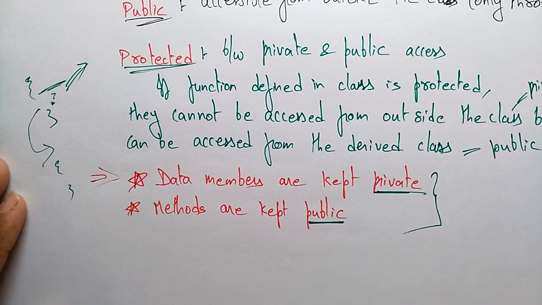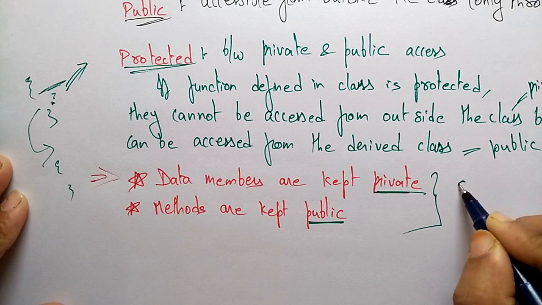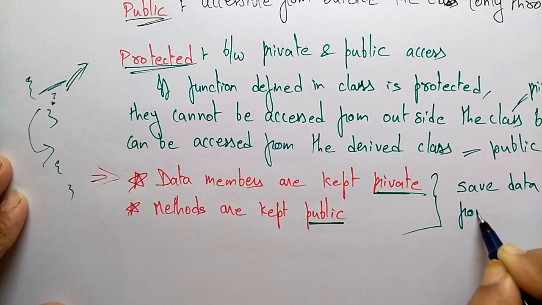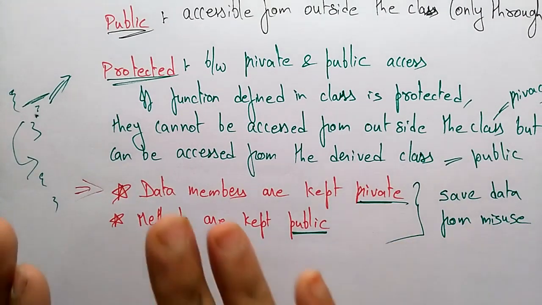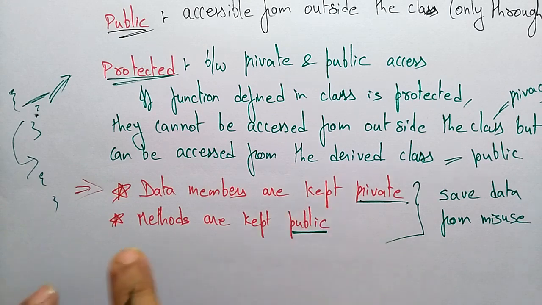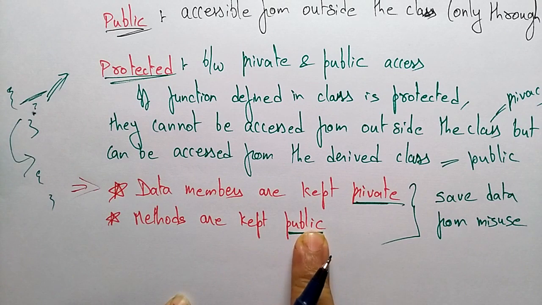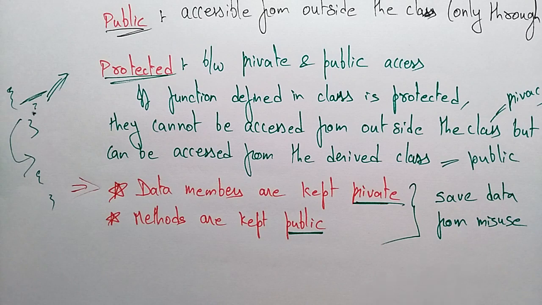Then your data will be safe from misuse. Anyone can access the public method, but with different values. This is one of the rules that data abstraction and information hiding follow while creating programs.